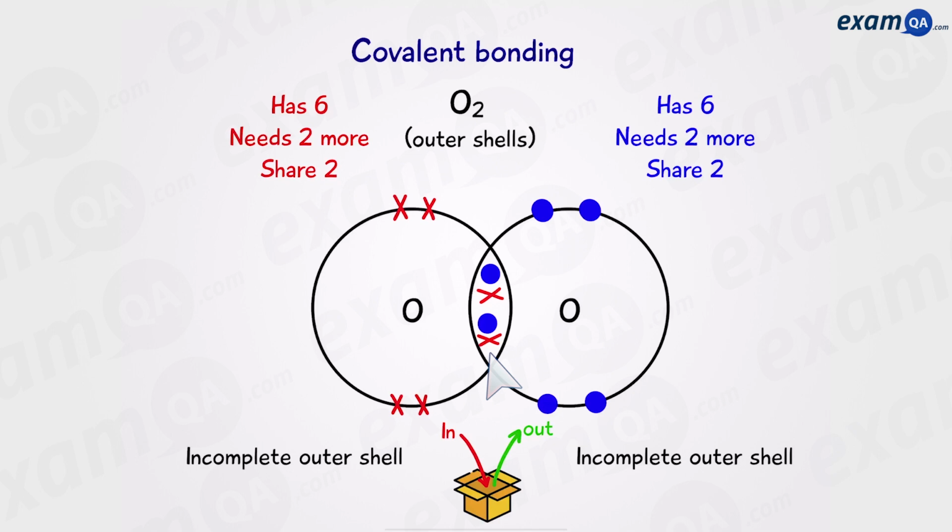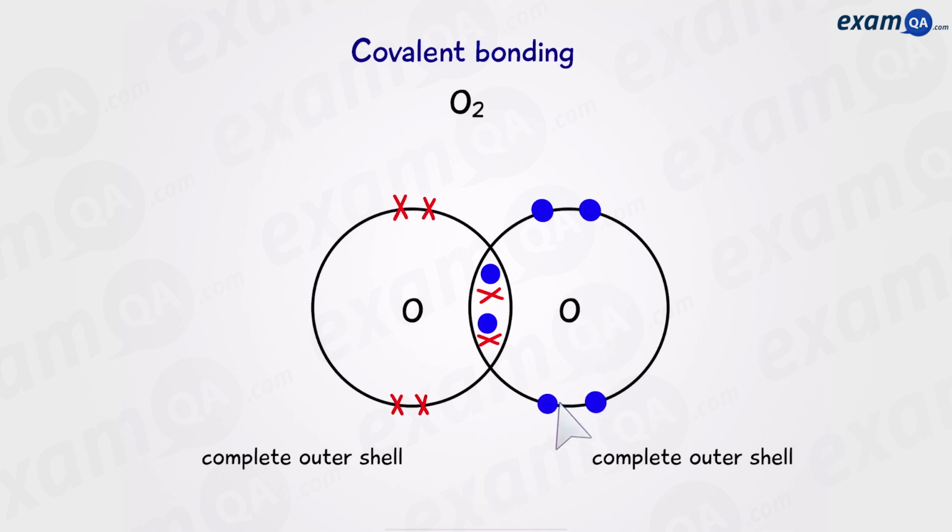So let's count how many electrons each atom has. Starting with the left. 1, 2, 3, 4, 5, 6, 7, and 8. And on the right, 1, 2, 3, 4, 5, 6, 7, and 8.